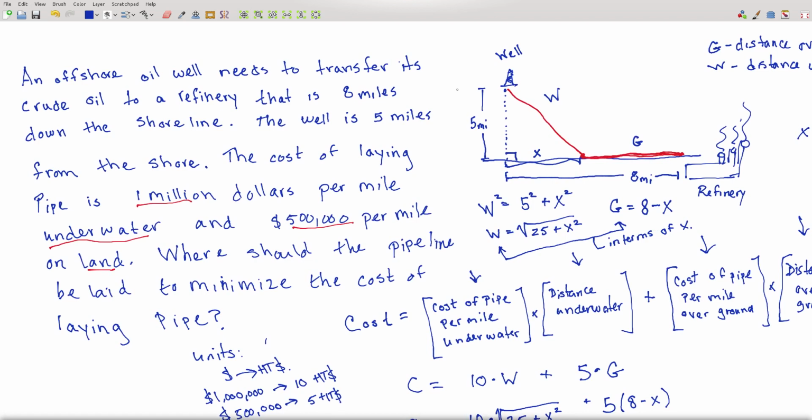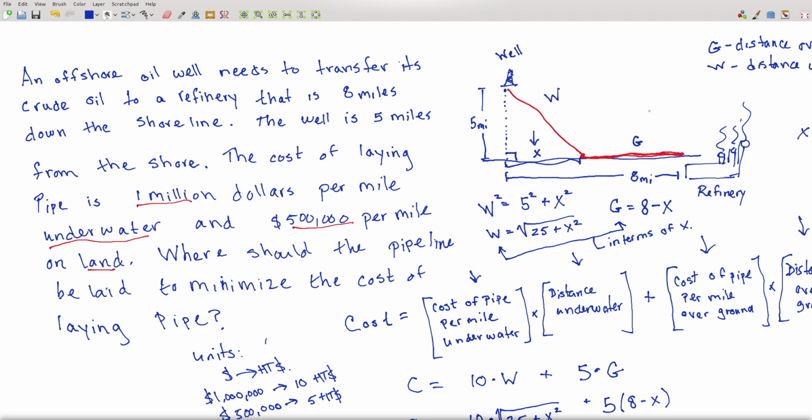We solved it in terms of this x, and what is the x? Well, the x is not really the distance from the refinery, it's the distance after the refinery. It's how far you have to keep going to the left after you've stopped laying pipe on the ground.